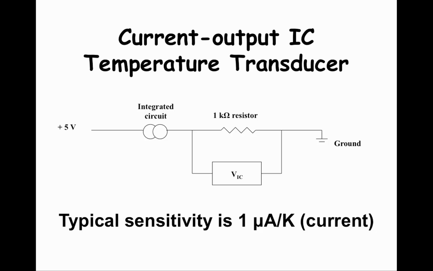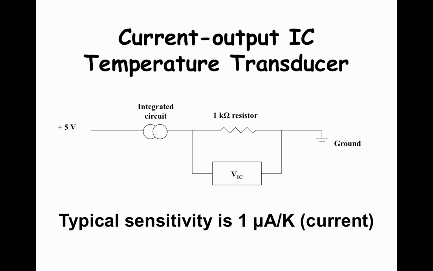A current output integrated circuit adjusts the current flow as a function of temperature. If the sensitivity is 1 microampere per degree Kelvin, we would expect the sensor to send out 300 microamperes of current when the temperature is 300 degrees Kelvin.